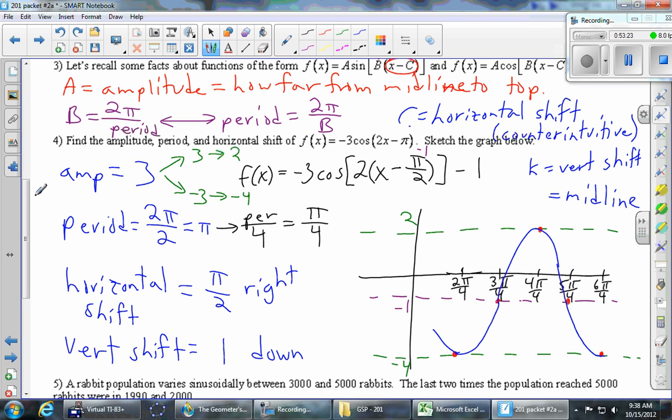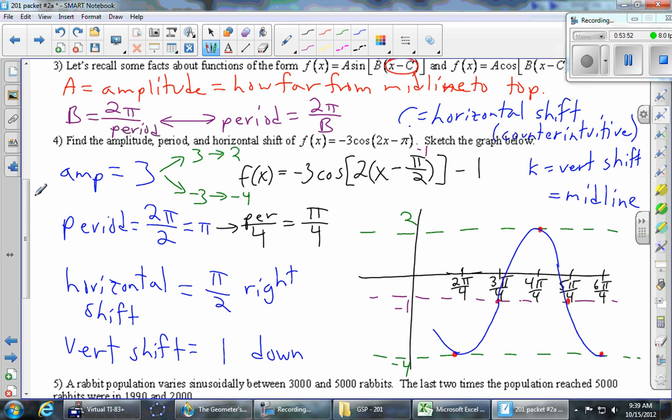Yeah, the horizontal stuff can be quite tricky because the shifting and the stretching kind of both impact the points, and so in order to tease them out, we do what Garrett had said, factoring that 2 out of the front. That's how we really identify what's what. You'll find this phrase in your book, the phase shift, instead of horizontal shift. Phase shift is something that physicists and engineers and opticians and all those folks like to use.